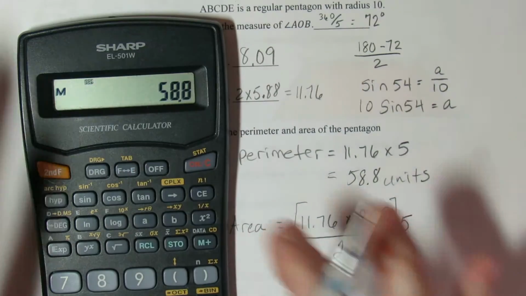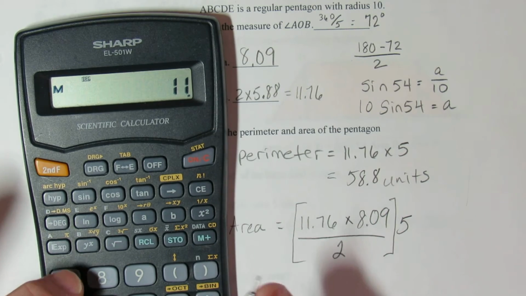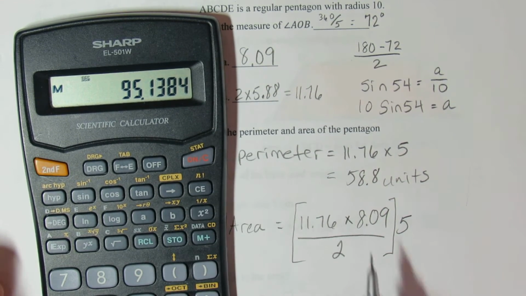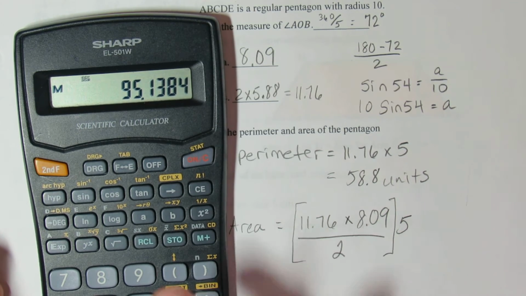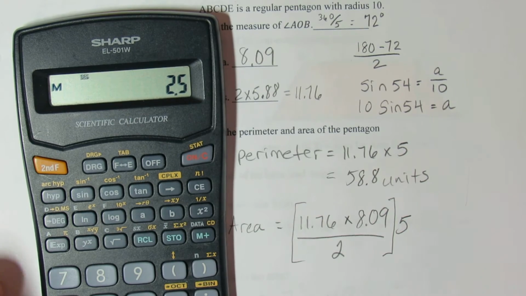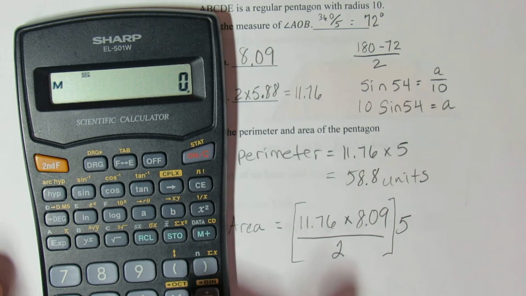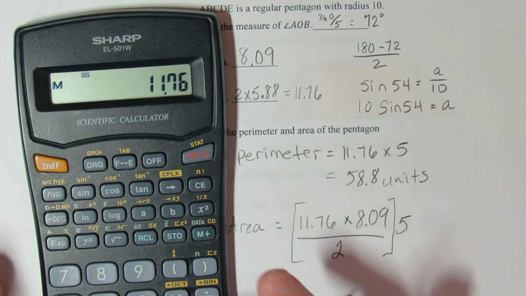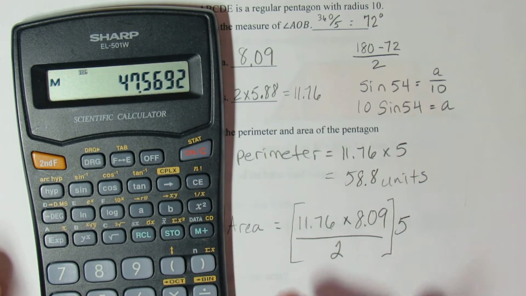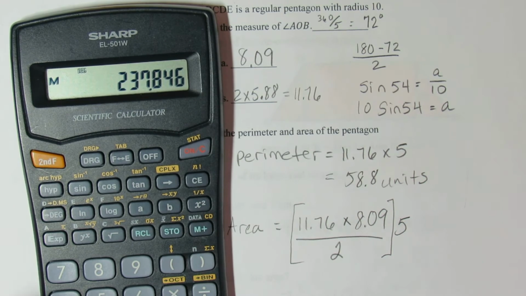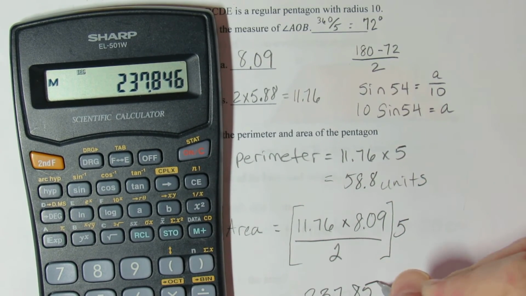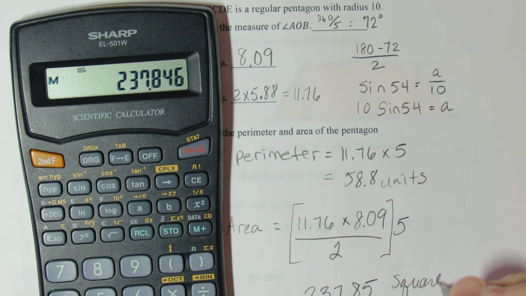All right, so just punch it all in. 11.76 times 8.09 equals, you have to equal that out before you divide it by 2. And then equal it again before you multiply it by 5. So it's 11.76 times 8.09 divided by 2 times 5. So that's about 237.85 square units.